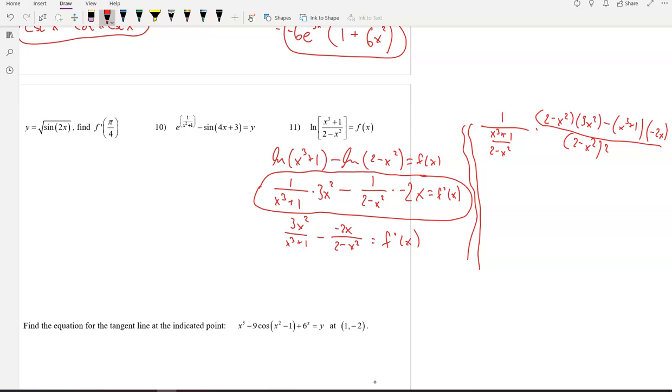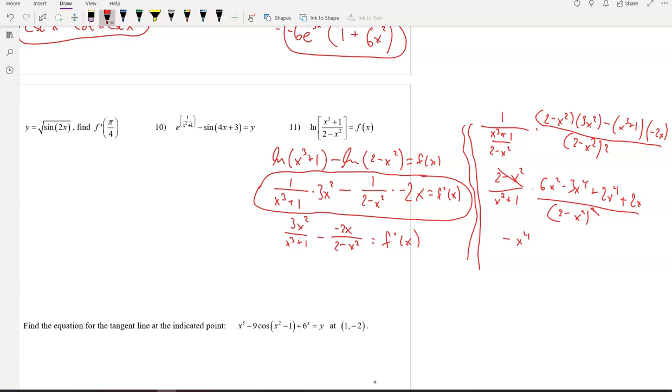Okay, and so this does simplify not too terribly. Since we have 1 over this fraction, we can just do the reciprocal there. And let's see, you can also simplify this around some. So it'd be 6x squared minus 3x to the fourth plus 2x to the fourth plus 2x, over 2 minus x squared, squared. So one of those squares, we cancel that 2 minus x squared there. And combine like terms, we'd have what?